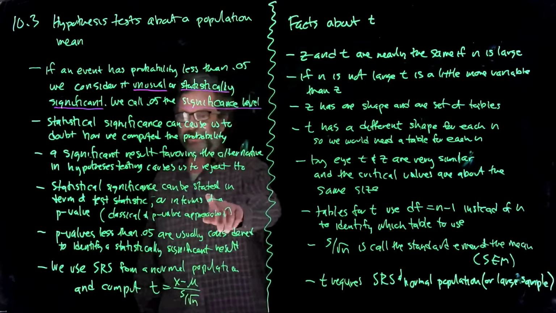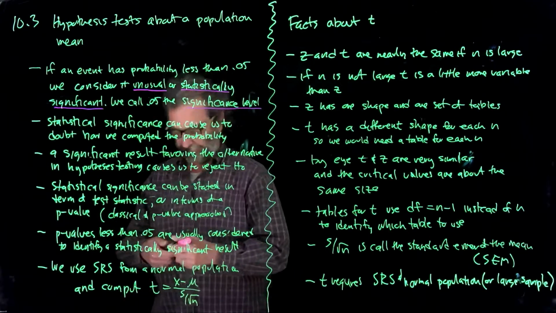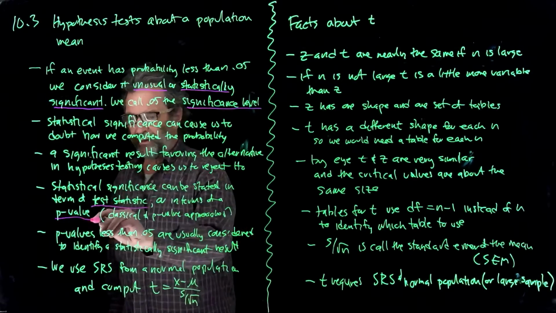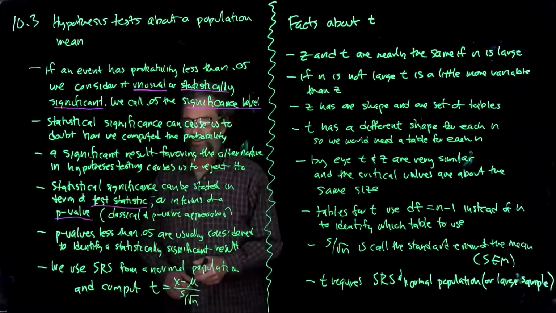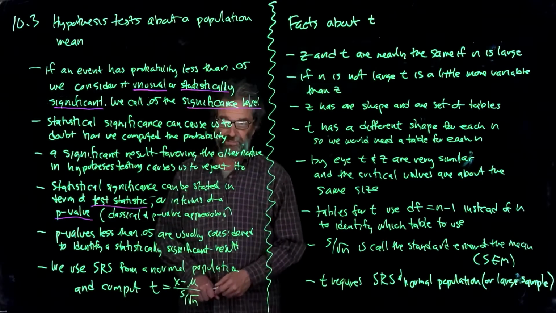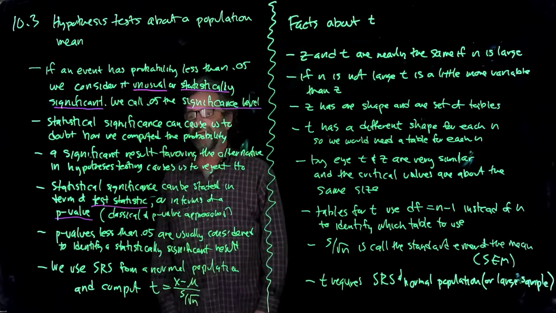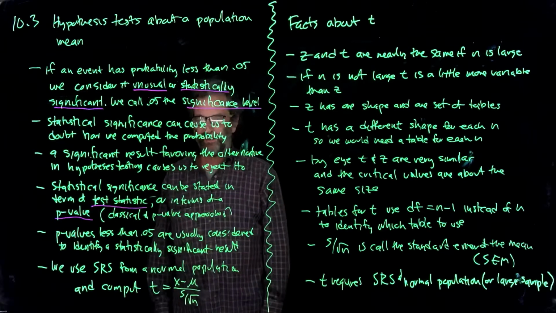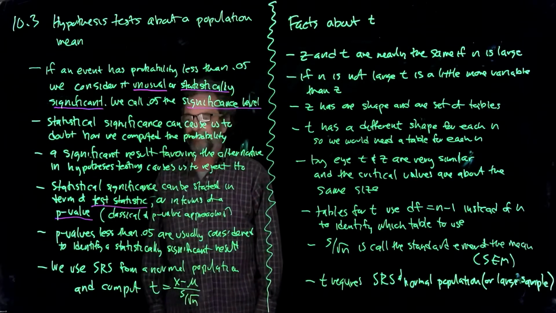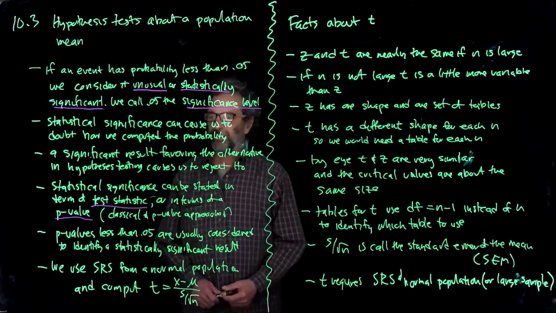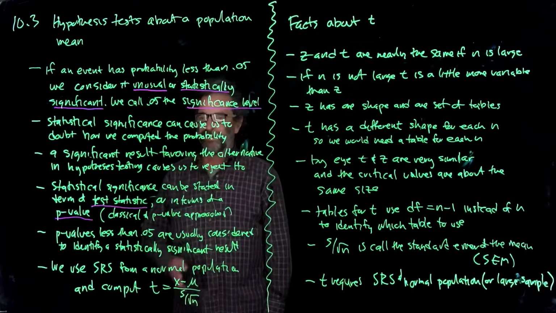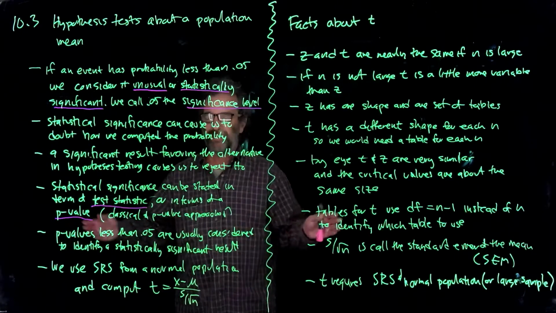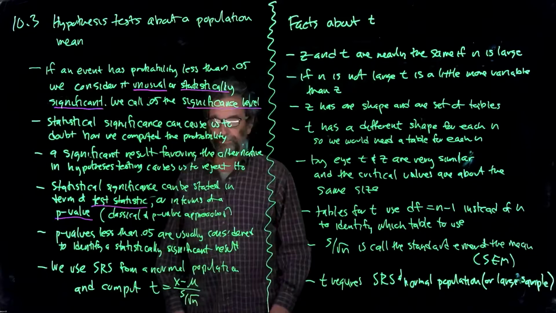Statistical significance can be stated in terms of a test statistic or a p-value. So with proportions, our test statistic was either the sample proportion, which you could use in some situations, or the z that you compute from the sample proportion. Or in terms of the p-value, it's this area, either on one side of the test statistic's value or the other, or equally distributed on two sides of how far away it is from zero.